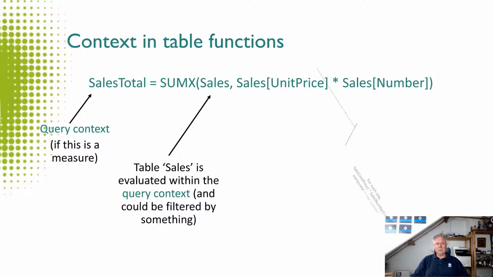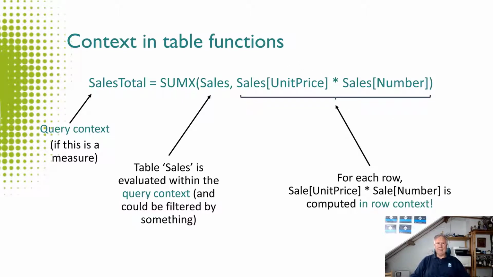And the last part, and here we change things, if we look at the second argument, sales unit price multiplied by my sales numbers, that will be executed in the row context for each row. And in this case, for each row in the table sales, because I take the table sales as my point of focus.